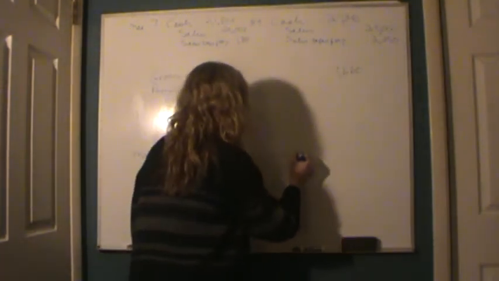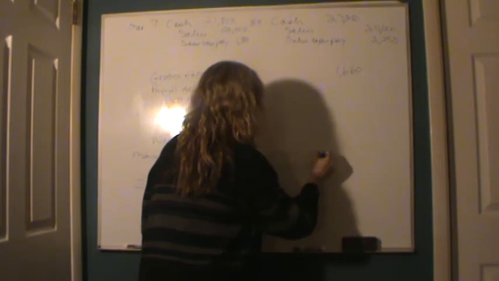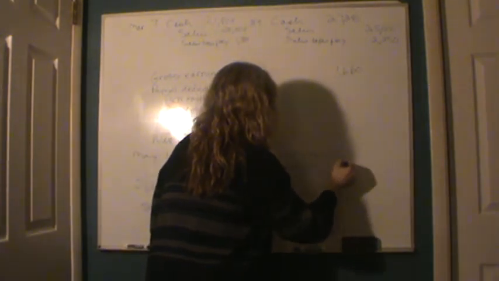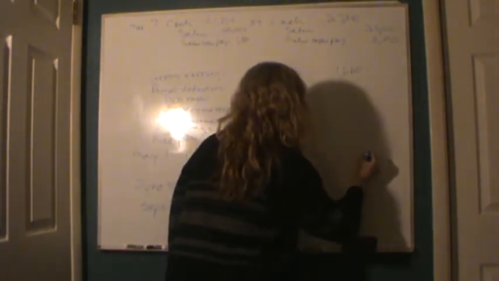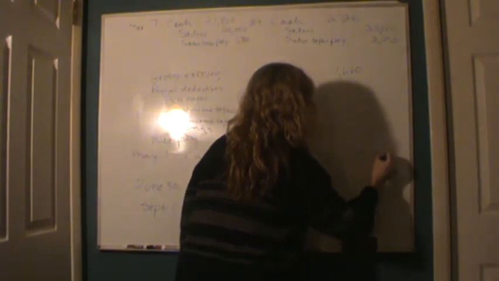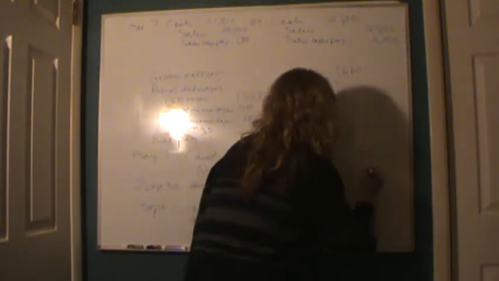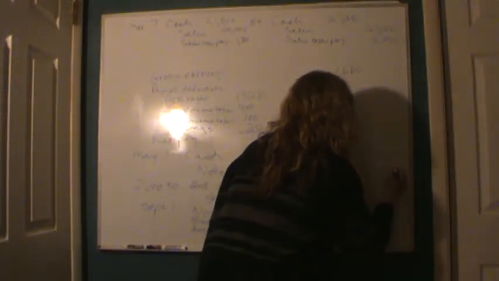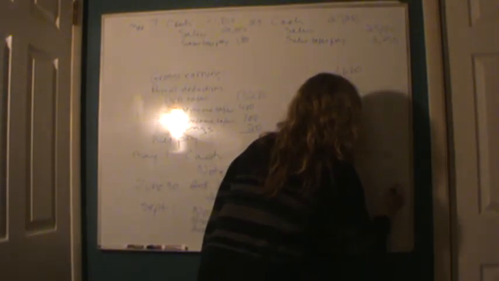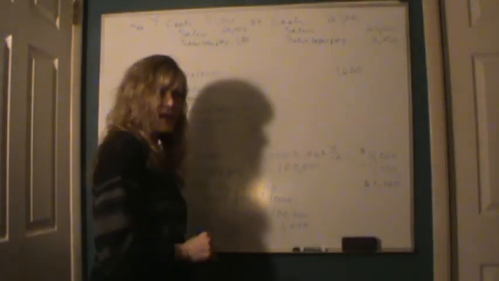So if we multiply 100,000 by 6% by 4/12, we will get $2,000. That's the total interest we owed. But we've already accrued 1,000 of it. We're going to subtract that 1,000. So that means we still have to account for $1,000 of that interest.